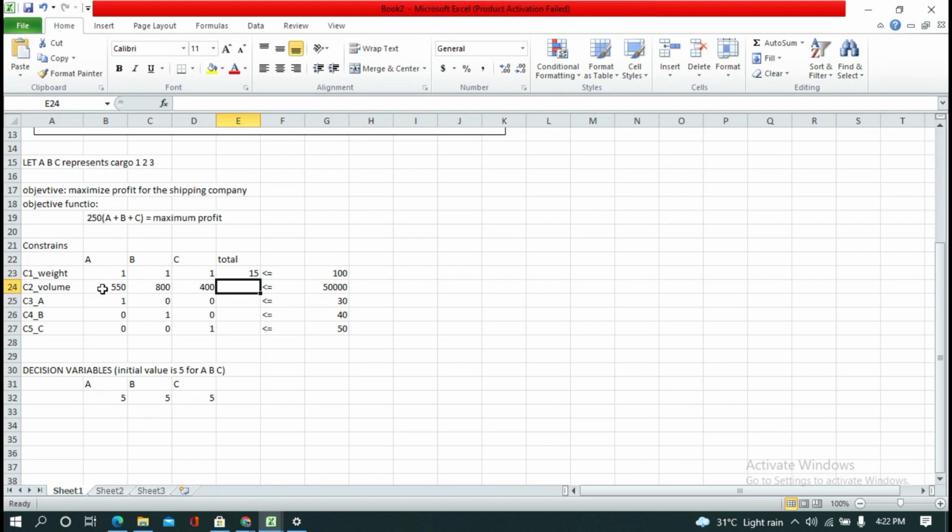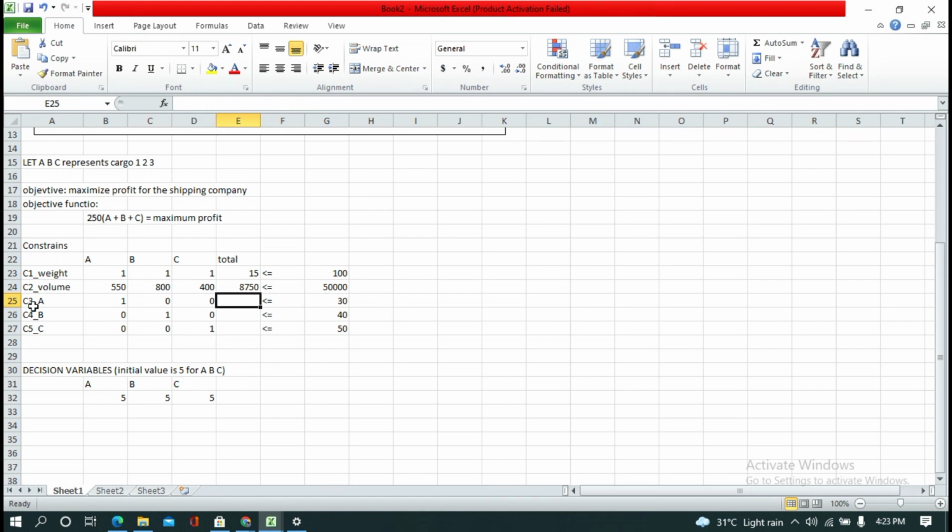And then for the volume, same thing goes. So from 550 times its initial value of 5, then plus cargo 2, which is 800 times its initial value of 5, then plus cargo 3, it's 400 times 5 equals 8,750.